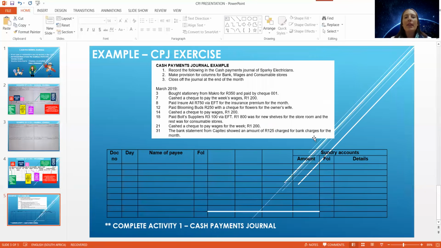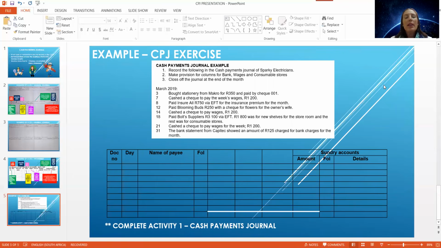Okay, guys, let's have a look at an example of a CPJ exercise. Now, if you recall, or if you go back to your CRJ PowerPoint presentation, you'll see we also worked with Sparky Electricians. So I thought, let's now do the payment part for Sparky Electricians, just so that you can see how it adds up.